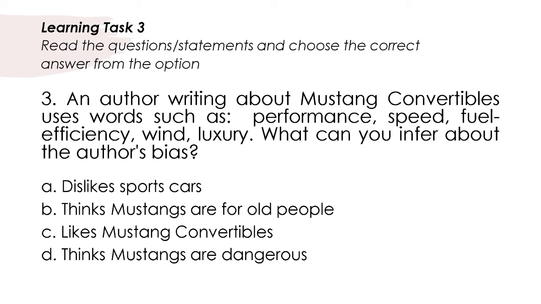And letter D. He thinks Mustangs are dangerous. That is correct. The answer is letter C. He likes Mustang convertibles because performance, speed, fuel efficiency, wind, luxury are all positive words. Therefore, we can infer that the author likes Mustang convertibles.